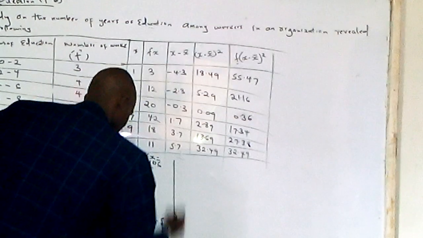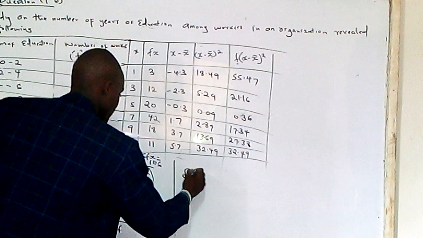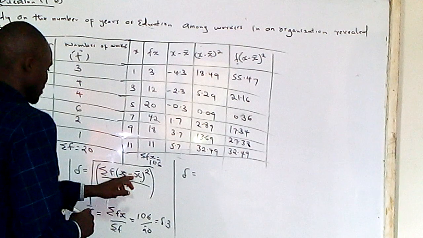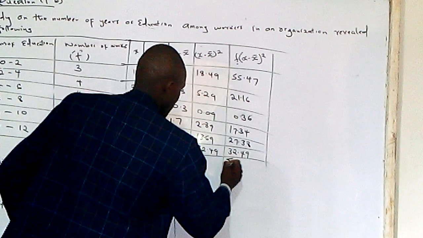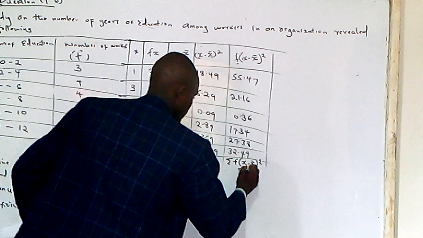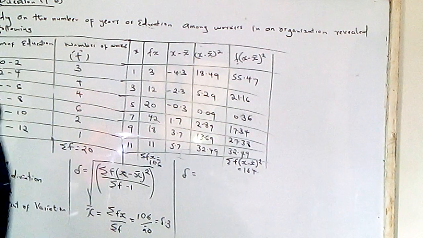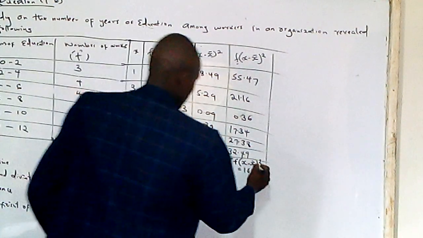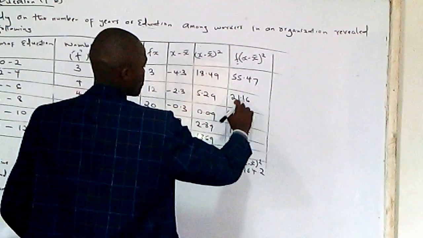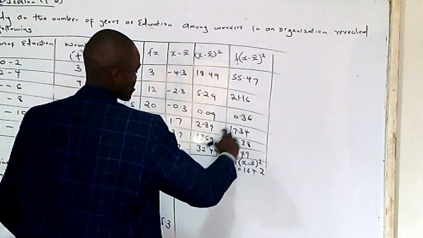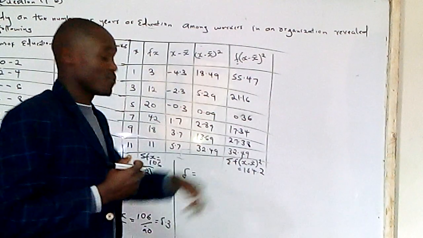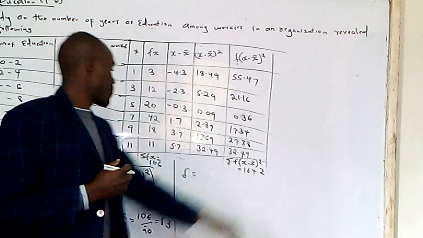Now, at this point, the summation of f in bracket x minus mean squared equals 55.47 plus 21.16 plus 0.36 plus 17.34 plus 27.38 plus 32.49, and you get 154.2.